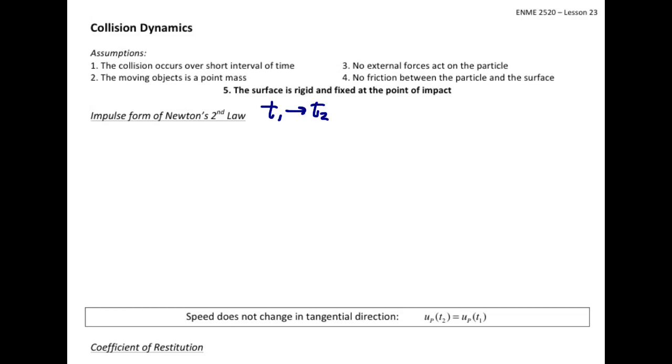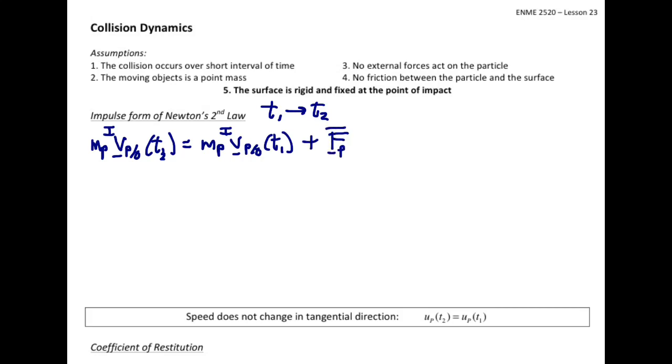And we'll do that by applying the impulse form of Newton's second law, which is the mass of particle P multiplied times the velocity of P with respect to O, as observed in the inertial reference frame at time 2, is equal to the mass of P multiplied times the velocity of P with respect to O, observed in an inertial reference frame at time 1, plus the impulse from time 1 to time 2.